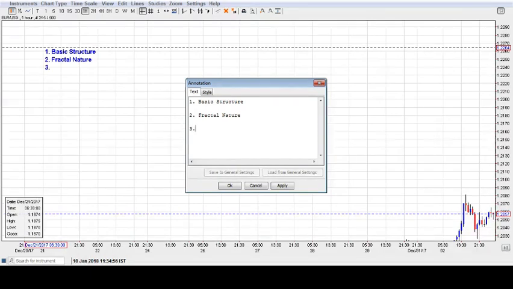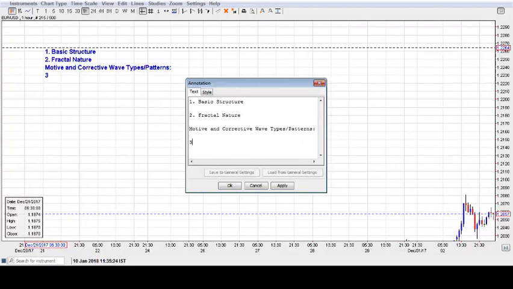What we intend to discuss now are the five basic patterns. Principally, we are going to discuss motive and corrective wave types or their patterns.